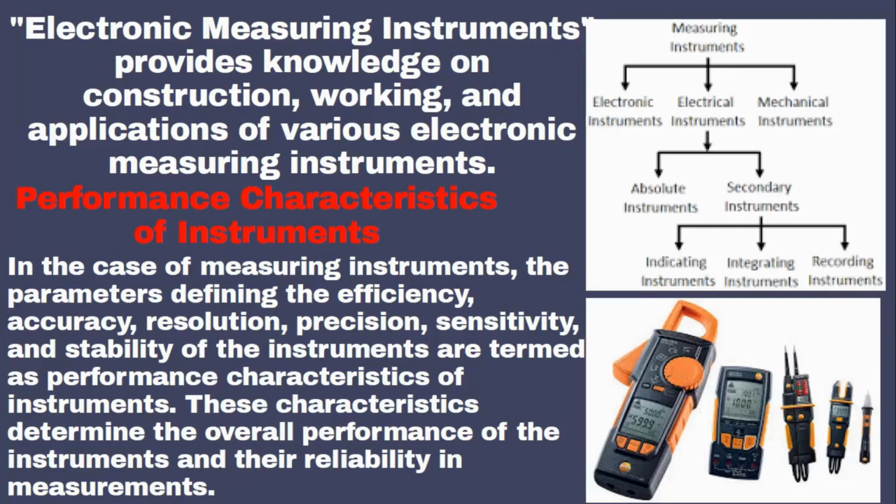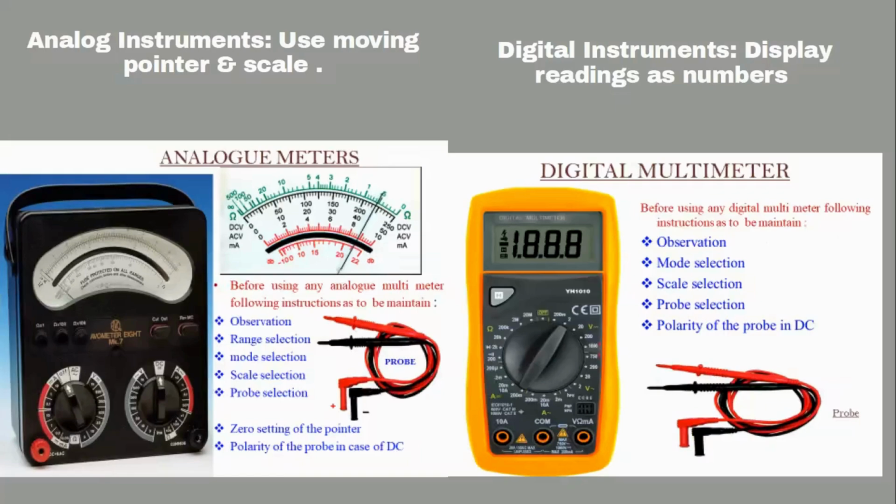When we talk about electrical instruments, there are absolute instruments and secondary instruments. Secondary instruments are divided into three categories: indicating instruments, which show or indicate something, integrating instruments, and recording instruments.